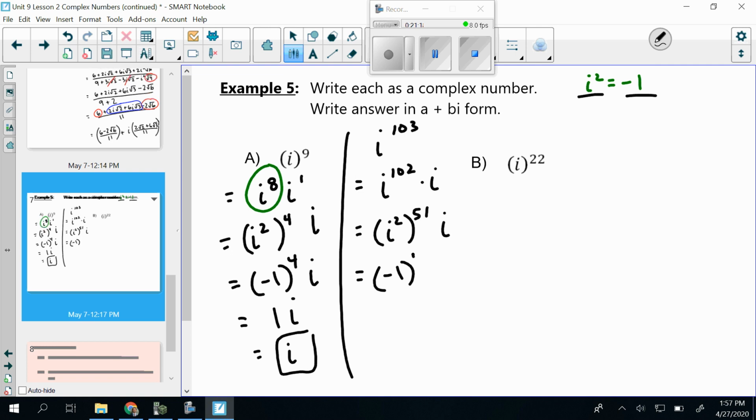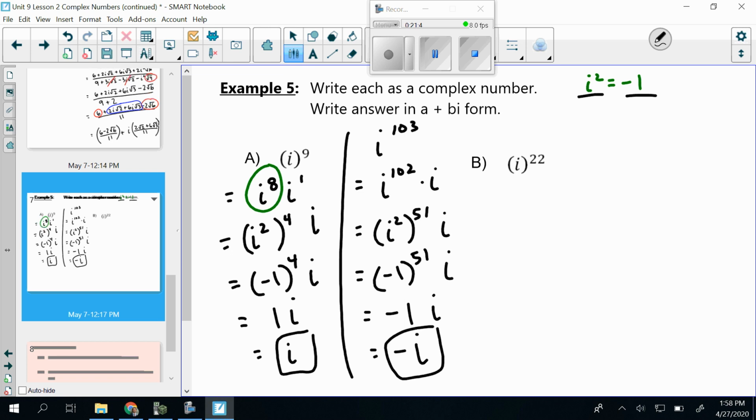What is I squared the same as again? Negative 1. So what is negative 1 to the 51st power? Well, if we multiply 51 negative 1s, that's going to come out to be negative 1. And so the answer to this one would be negative I. I to the 103rd power is the same as negative I. All right, what about if you got an even one?